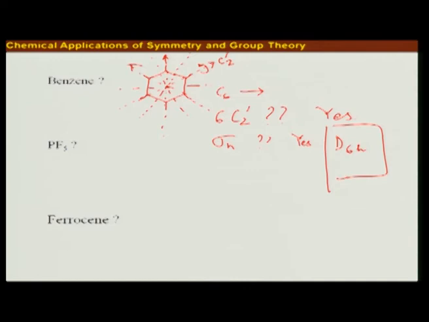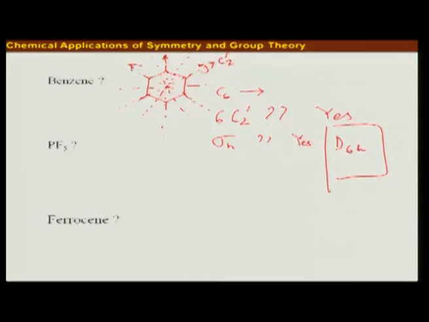That's why I didn't look at any other possibilities, but you can have a quick look at this structure again for benzene, and you can see there is an inversion center, right? You start from any hydrogen, pass through the origin, the center point of the benzene molecule, go in the other direction the same distance, and you will find an identical hydrogen there. So there is an I. So there will be improper axes of symmetry.